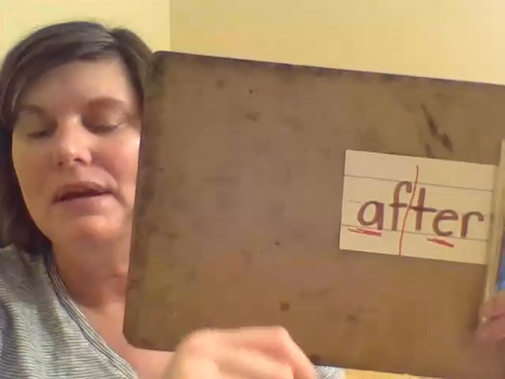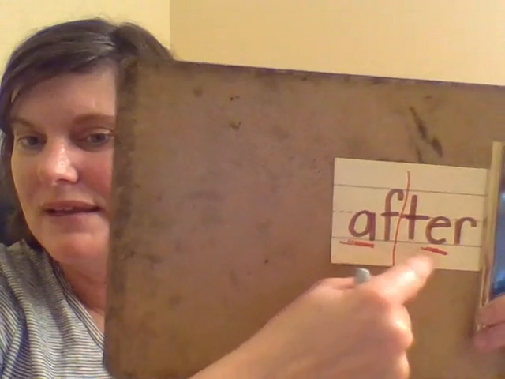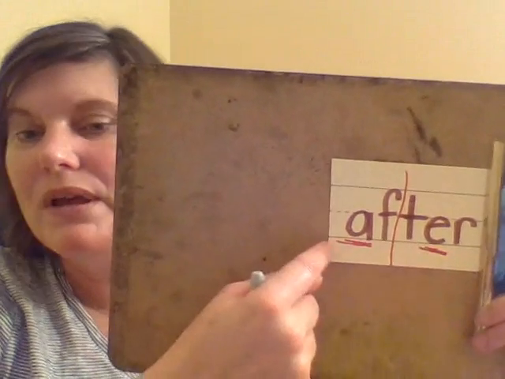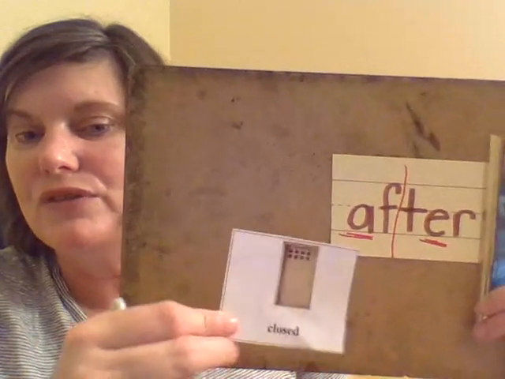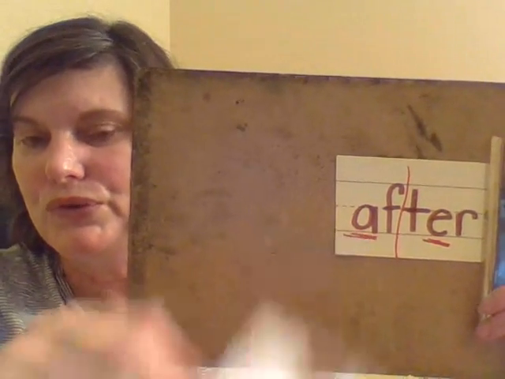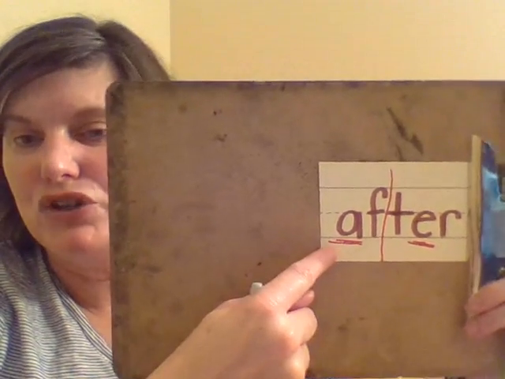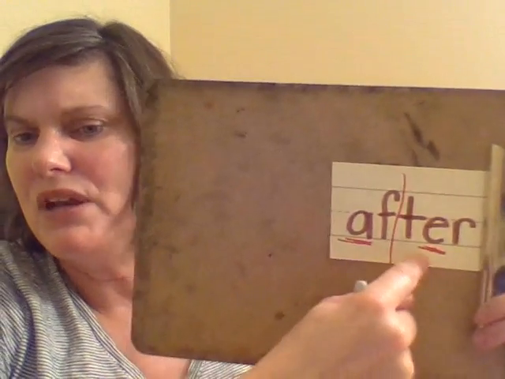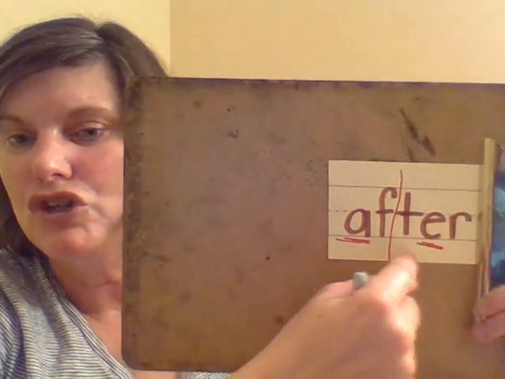So now the first syllable is this, and this is the second syllable. If I didn't know this word, now I could apply my rules, and I know the first syllable is a closed syllable. So that A is going to make a short A sound. And we know is one of our sight syllables. So we have after.